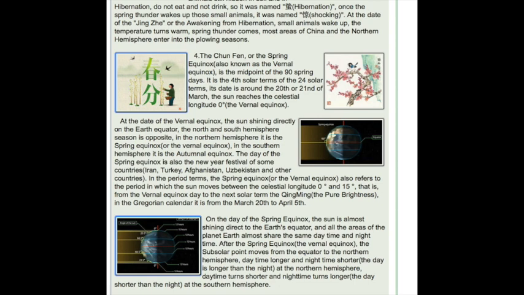The sun reaches the celestial longitude 0 degrees. At the date of the vernal equinox, the sun shines directly on the Earth's equator. The north and south hemisphere seasons are opposite. In the northern hemisphere, it is the spring equinox. In the southern hemisphere, it is the autumnal equinox.